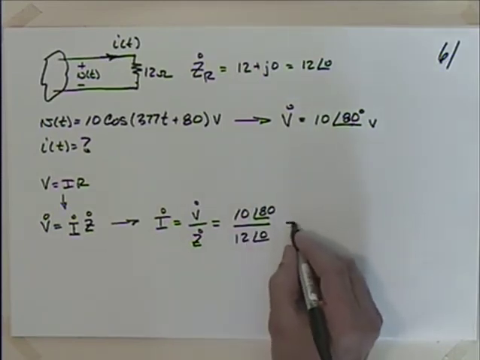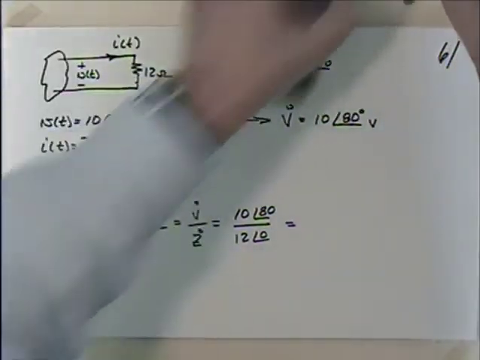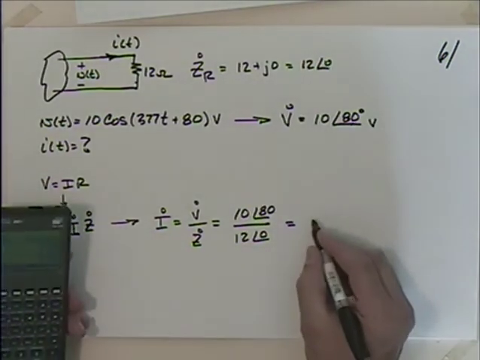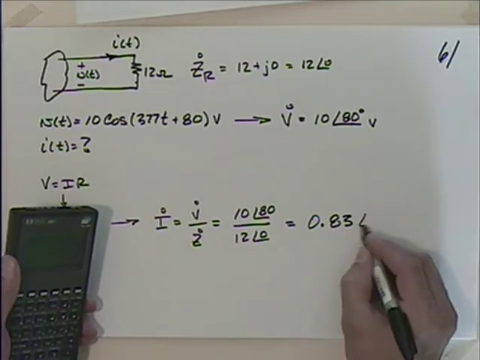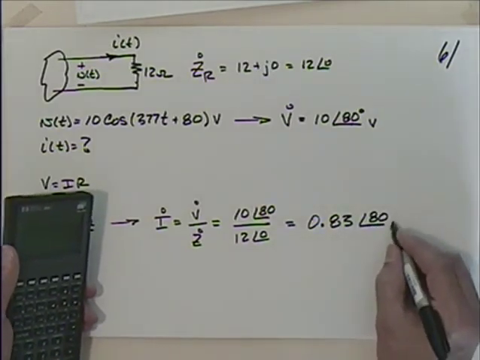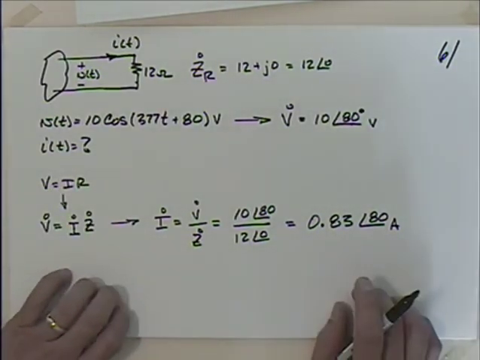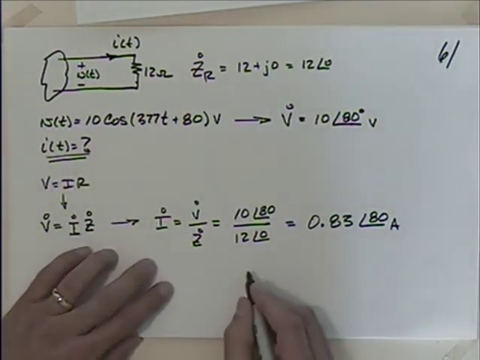What's that going to turn out to be? 5/12, so 0.83 at an angle of 80 less 0, which is 80 amps. But I want the answer in time domain. I'm not done yet, so I have to convert this back to time domain.